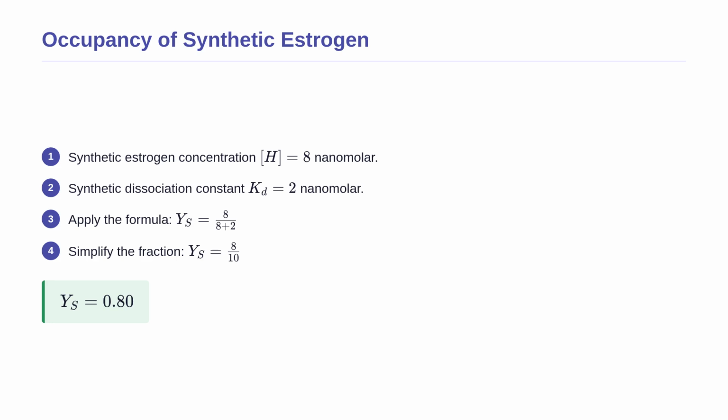Now we perform the exact same calculation for the synthetic estrogen. We use the same hormone concentration of 8 nanomolar, but we substitute its lower dissociation constant of 2 nanomolar. Setting up the equation, we get 8 divided by the sum of 8 and 2. This simplifies to 8 over 10, which yields a final result of 0.80.